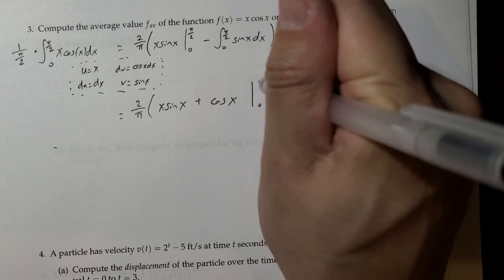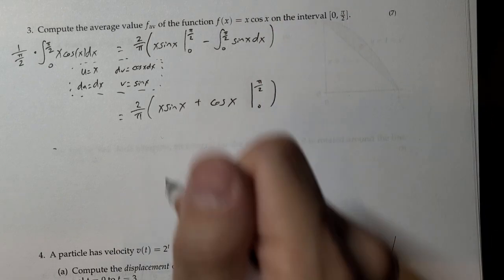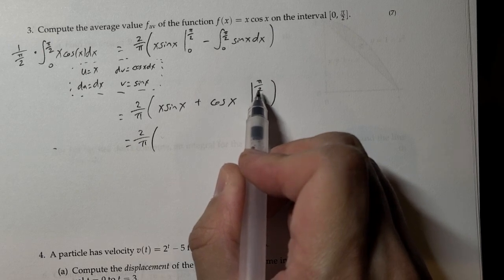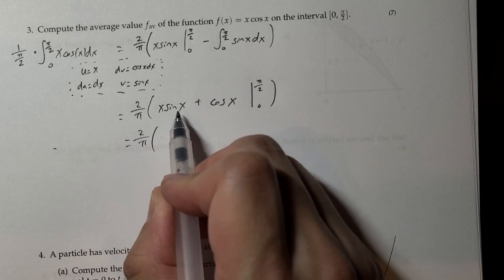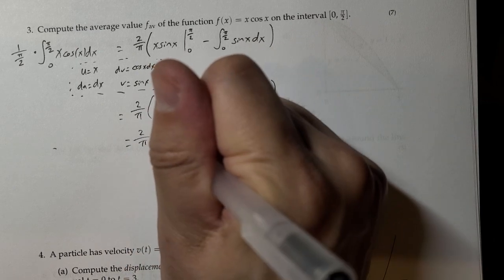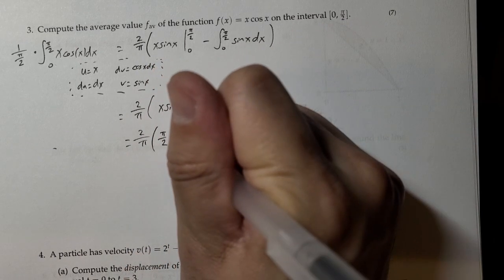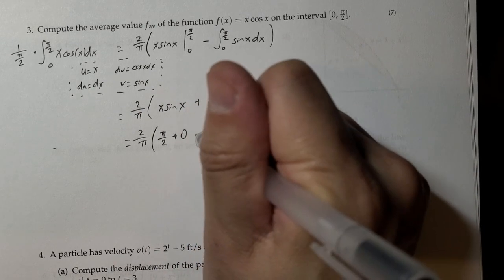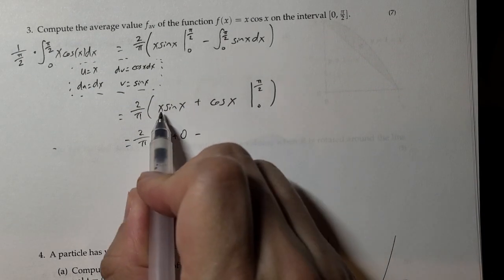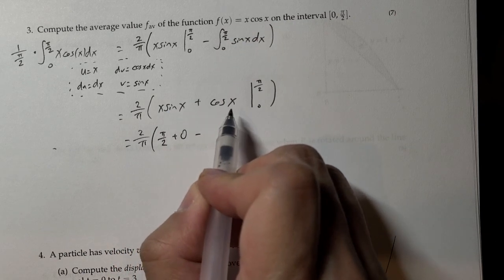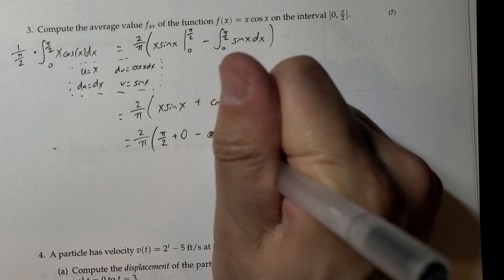Evaluate this whole thing from 0 to pi over 2. So we get 2 over pi times, when x is pi over 2, pi over 2 times sine pi over 2, which is 1, so pi over 2, plus cosine of pi over 2 is 0, minus, when we plug in 0, the first term is 0, and then we get cosine of 0, which is 1.